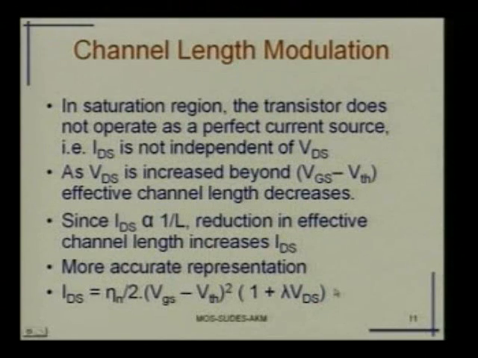The channel length decreases as VDS goes on increasing, and it is no longer constant, and so the reduction in the channel length has a proportionate effect on the current, and the current increases. So this is the much better approximation.